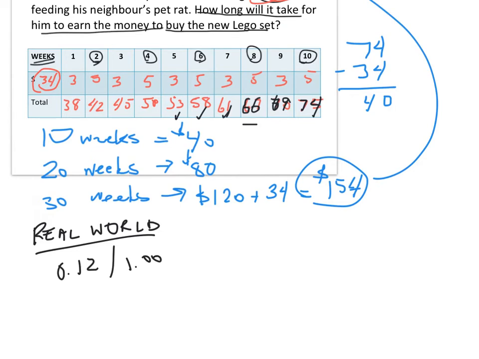So that means we're going to spend $12 tax on every $100. And $150, well, 50 is half of 100, and half of 12 is 6. So that means that on $150, I'm going to have $18 tax.